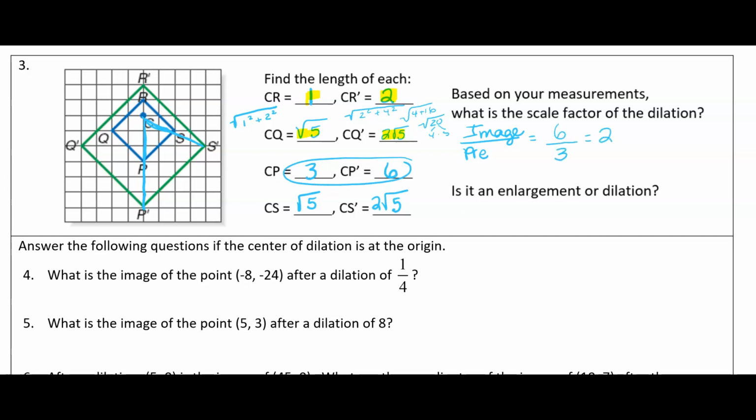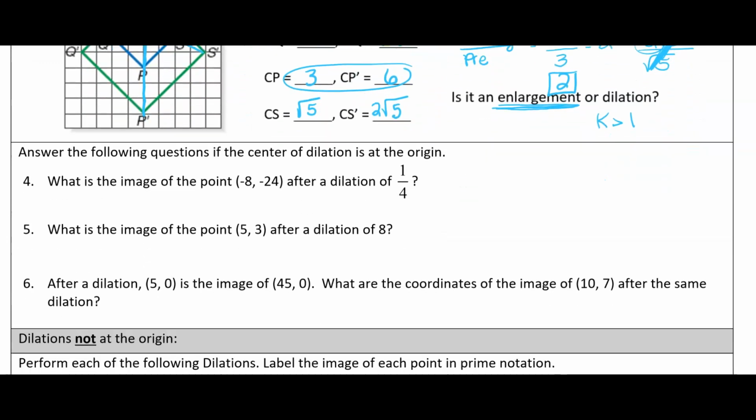That gives me 2. Hence, everything being doubled. So if I do 2 square root 5 over square root 5, those cancel out. I'm left with 2. So yes, what is the scale factor? The scale factor is 2. Is this an enlargement or a reduction? This is an enlargement because K is greater than 1.